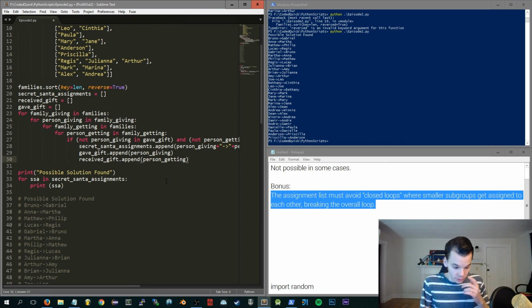And that is an artificial intelligence technique known as evolutionary computation, or genetic programming specifically.